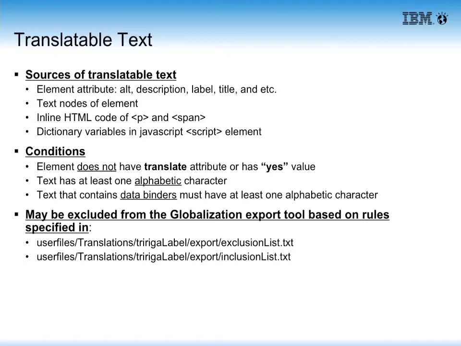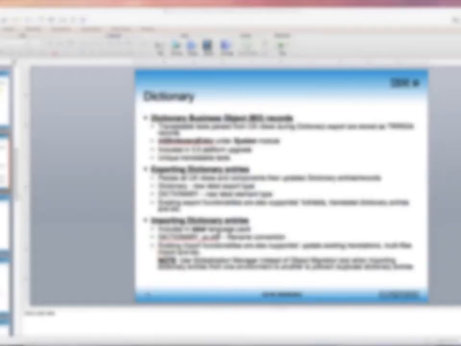Translatable text can also be found from a JavaScript variable or variables inside a script tag or script element. Let me pull in one of the UX articles to see some examples of these translatable text sources.